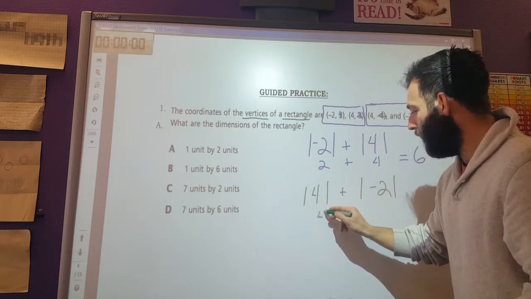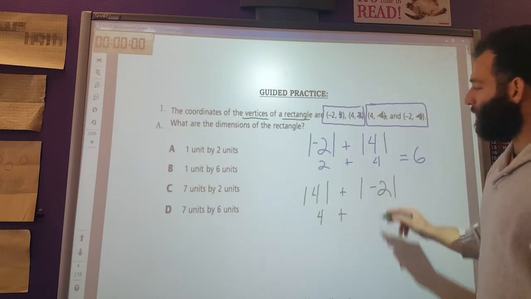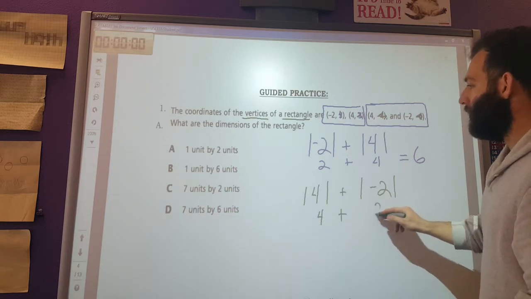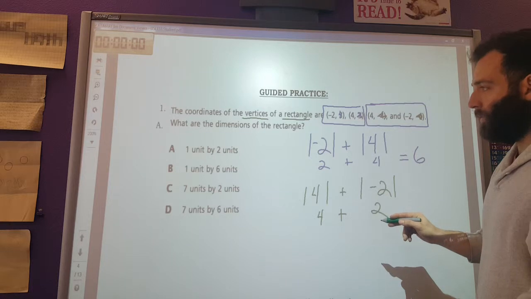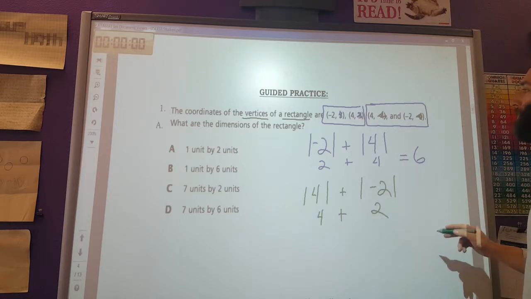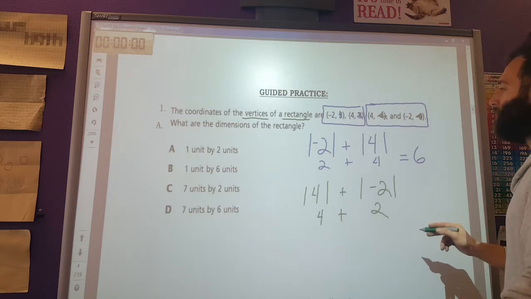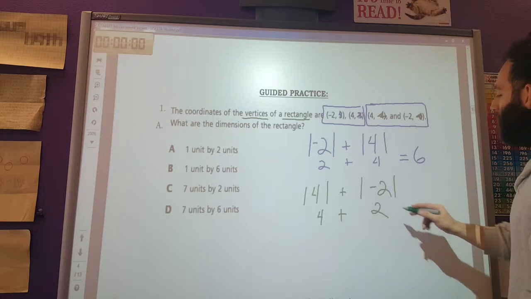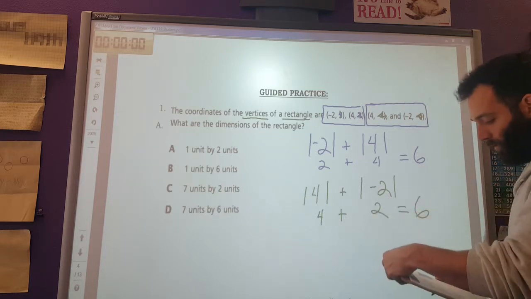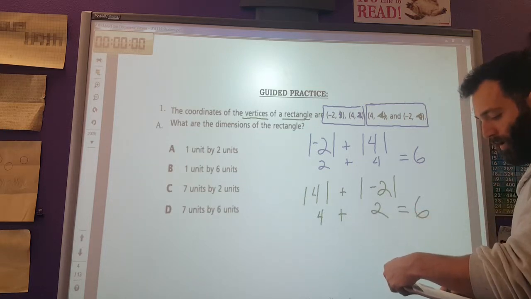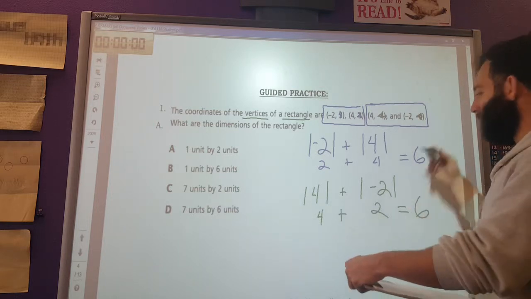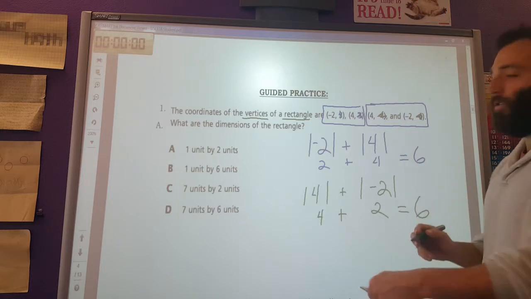The absolute value of 4 is 4, plus the absolute value of -2 is 2. So what I can do is add them together to get 6. And if you came up with 6 units by 6 units, you were right.